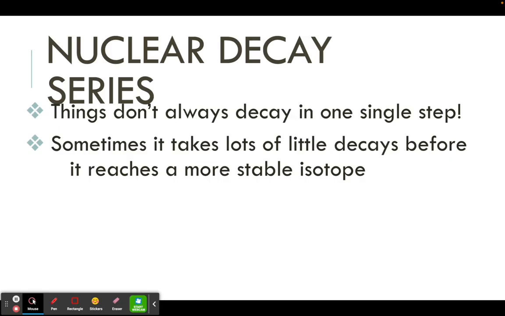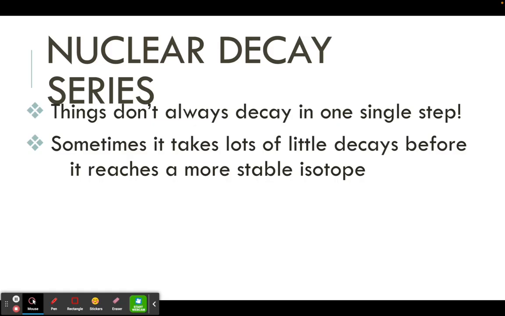Why do certain isotopes decay? It's because they're unstable, right? We talked about the band of stability, and depending on the ratio of your protons to neutrons, if you have too big of a nucleus, or maybe even too small of a nucleus, or not enough neutrons to create a stable nucleus, or maybe you have too many neutrons.